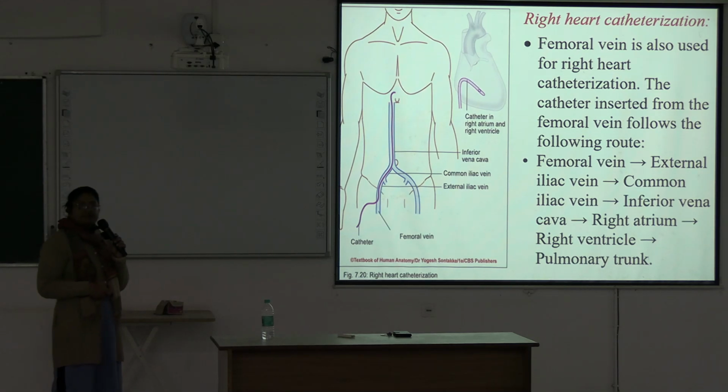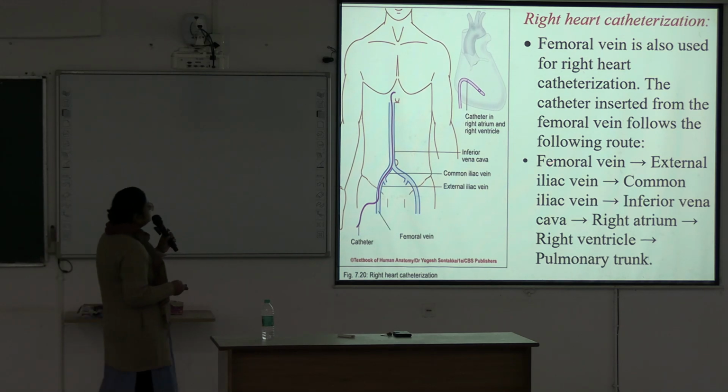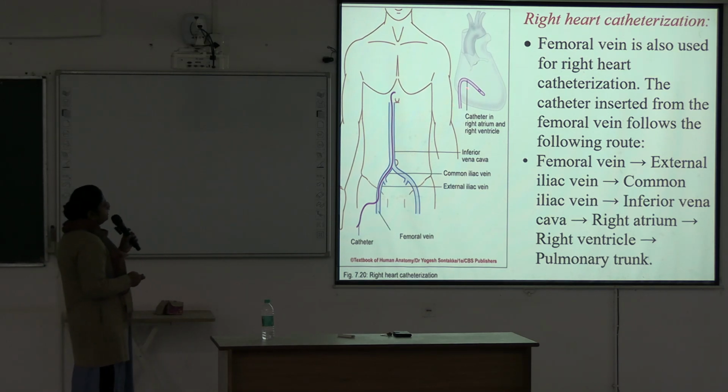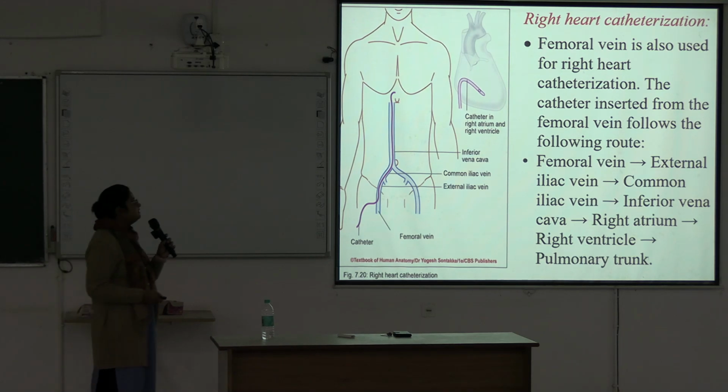Up to this level we can pass the catheter from the femoral vein. Here within the right atrium, then through the tricuspid valve enter the right ventricle. From the ventricle through the pulmonary valve you can enter into the pulmonary trunk.